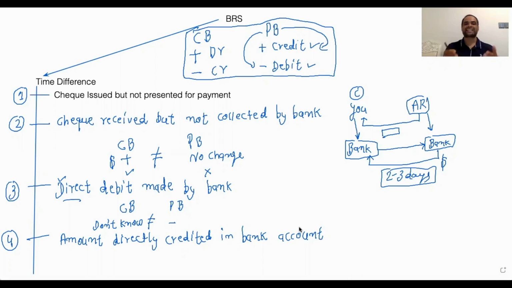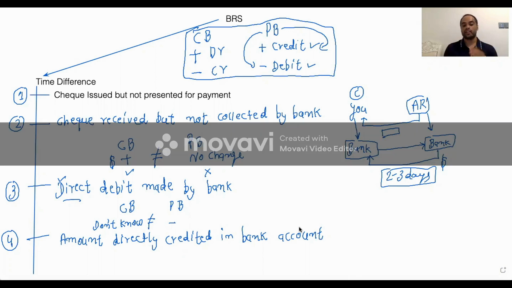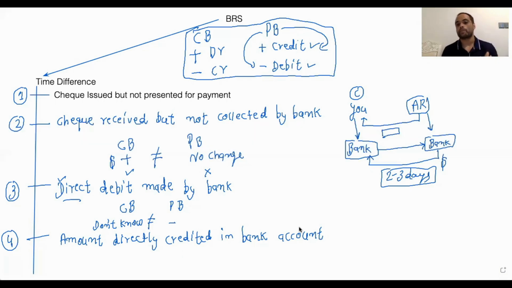What does it mean? It's exactly the opposite of your third time difference. Third was direct debit made by bank, means money directly out from your bank accounts. Here, amount directly credited in your bank accounts.